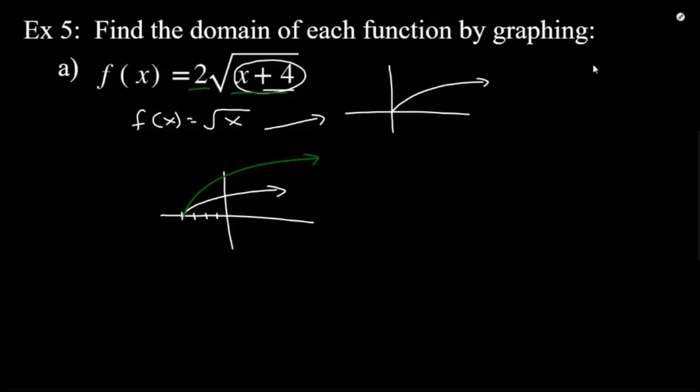But once we see that and we know that we're starting here and then going in those directions, let's think about our domain. What is the domain that we would have for this function? There's actually a couple of ways. I'm showing you a graphical way to do it, thinking about the graph.